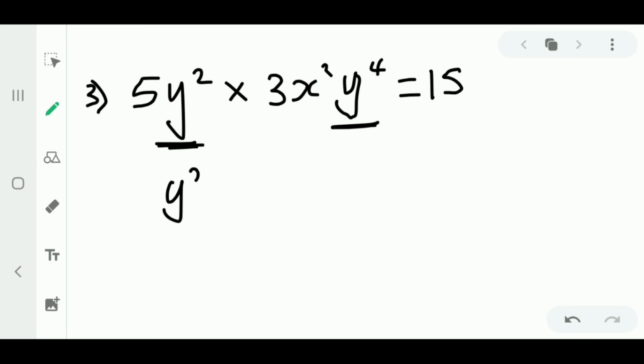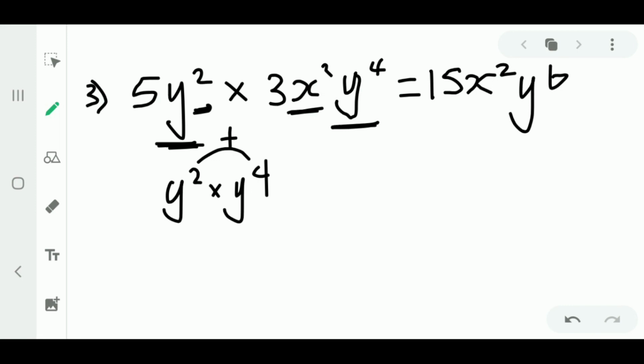So again, y squared times y to the 4. The bases are the same, so all we do is add the powers. So 2 plus 4 gives you 6. Then pay attention to the x squared here. We have no x squared over this side, so it is just x squared y to the 6.